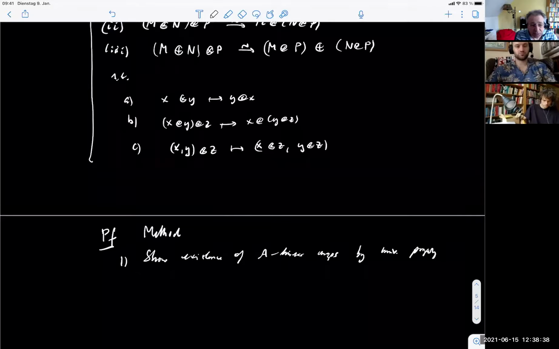I think I used this already twice. And then we have to show the existence of maps in both directions.